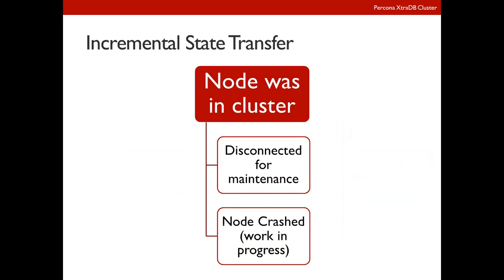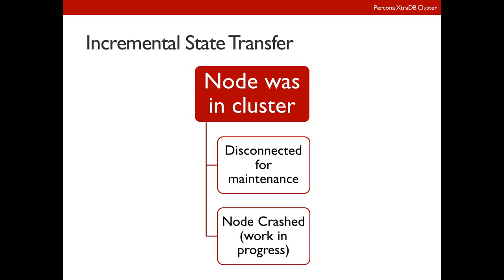And the incremental state transfer is used when a node was in the cluster, but we had to put it down for a short period of time, like a server reboot or a change of some configuration parameters. The second case when it can be used, but not right now, is when a node crashed.